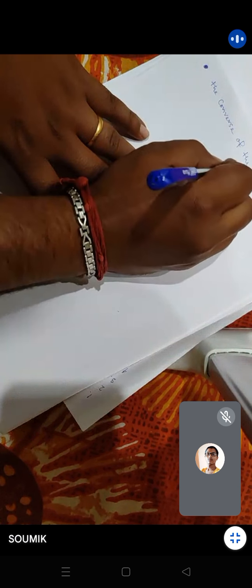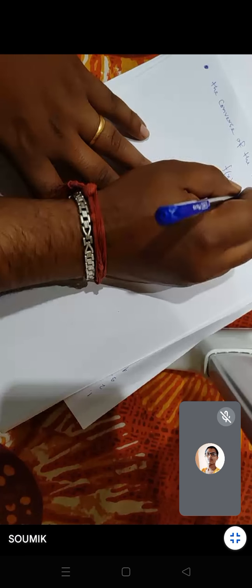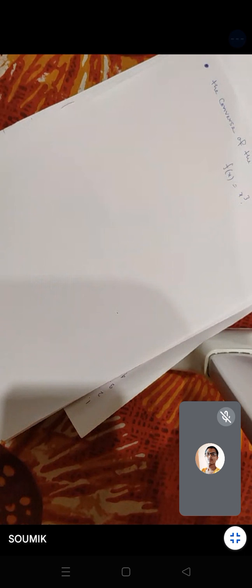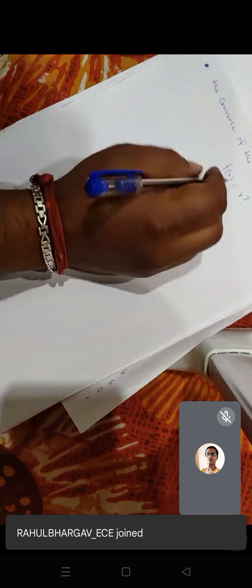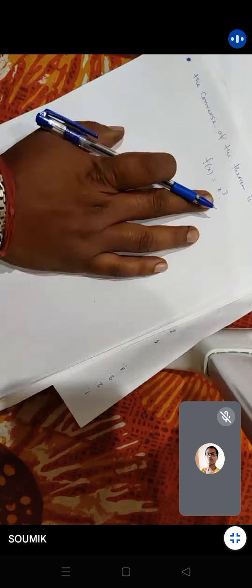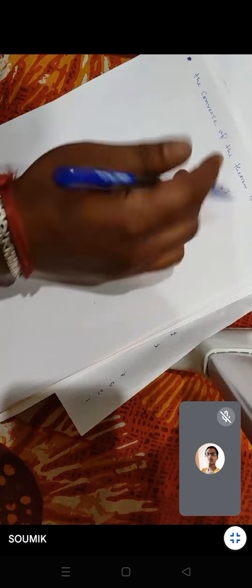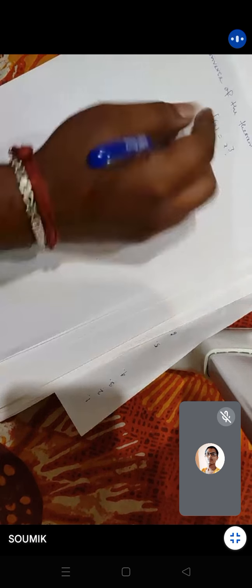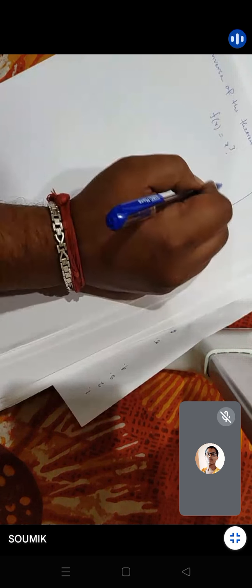Suppose f(x) equals x cube. This is a continuous function.